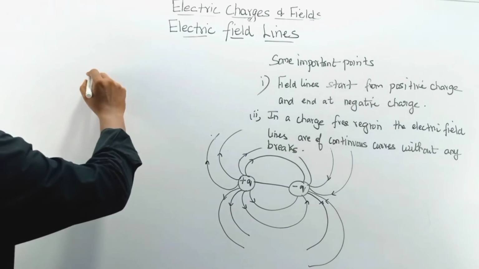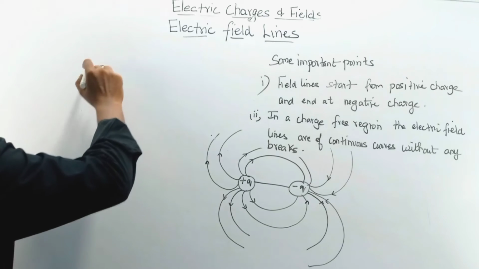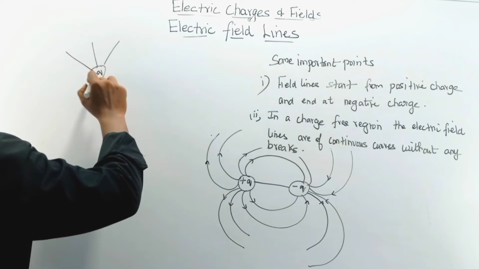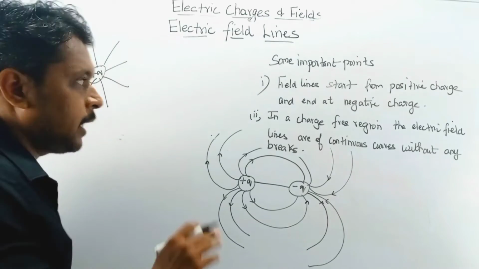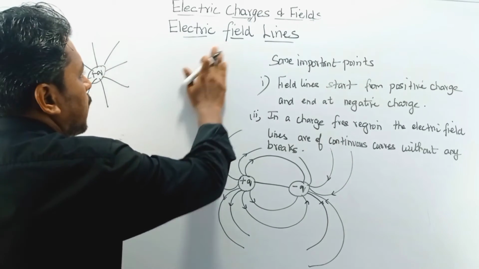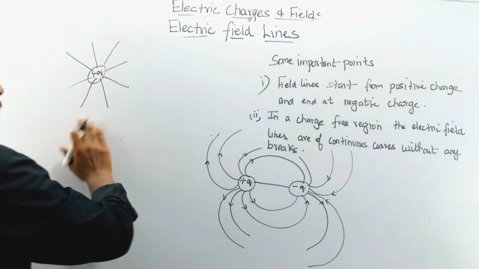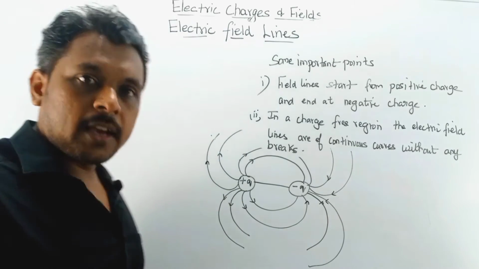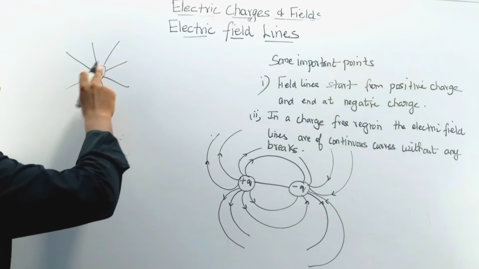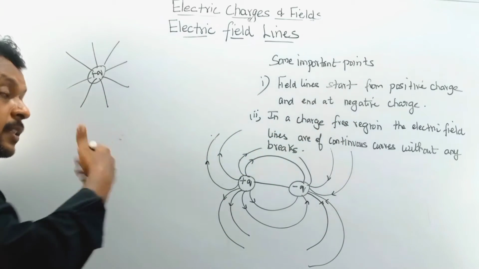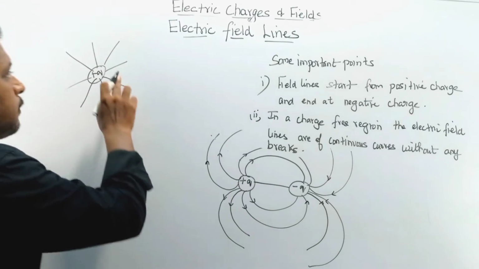if I have a charge plus Q like this, you know that the electric field will be in the radially outward direction. Nearby to the charge we don't have any other charges. In such conditions, in a charge-free region, what happens to these electric field lines?